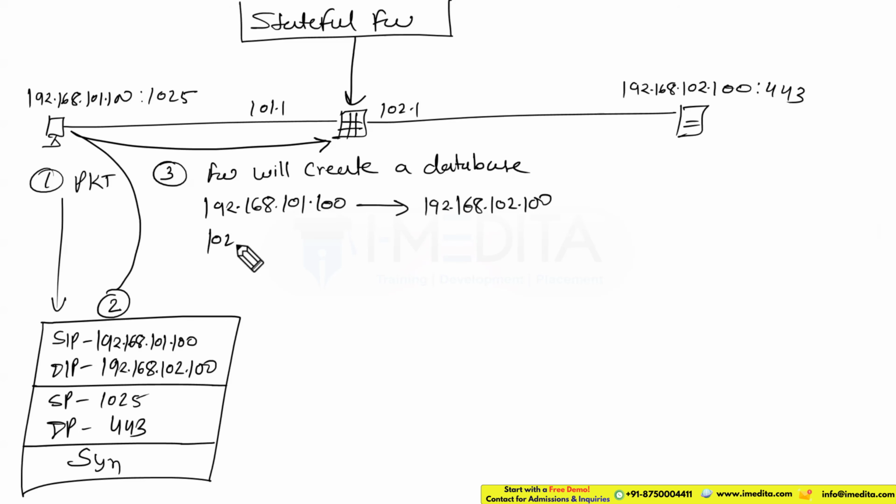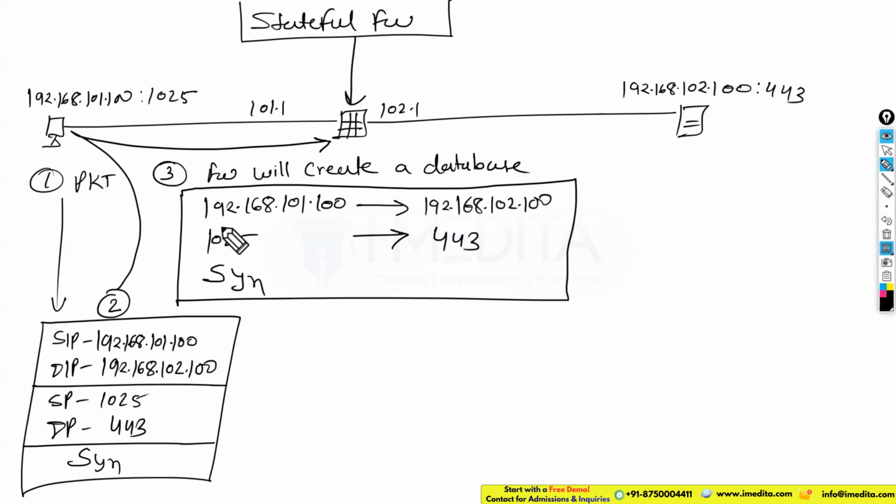Source port 1025 went to 443. And first is SYN. Such a database will be created by the firewall. Then in the fourth step, the packet will be forwarded to the server.